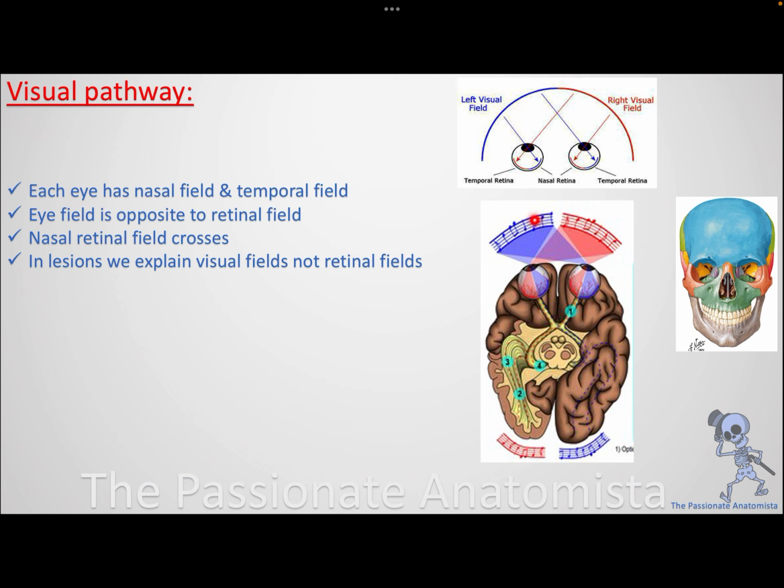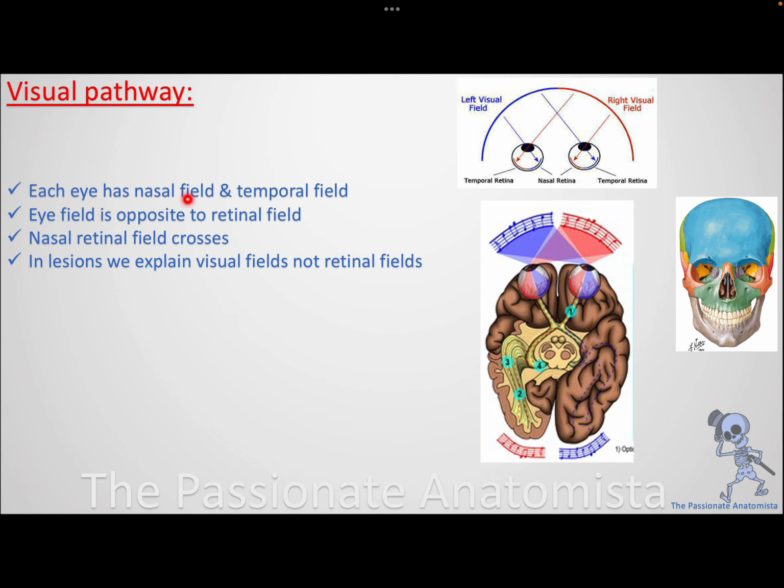Nasal visual field is your temporal retinal field. So remember, the nasal retinal field crosses.